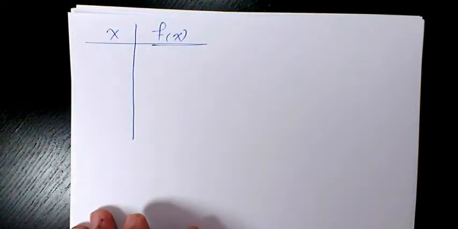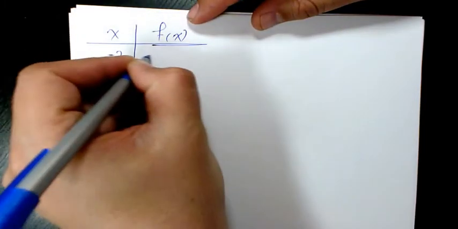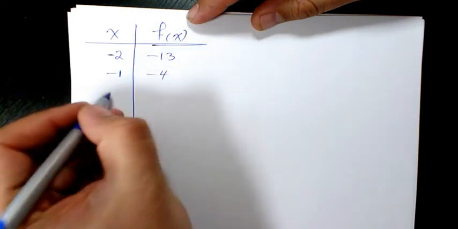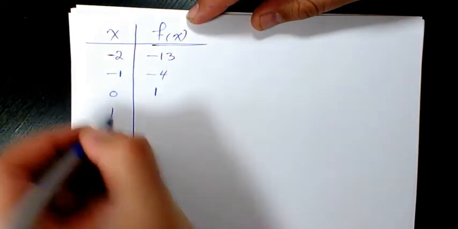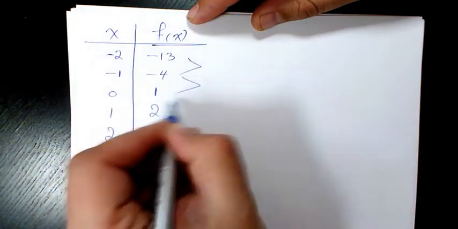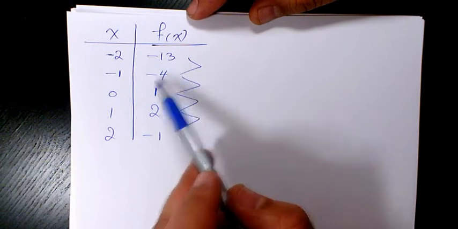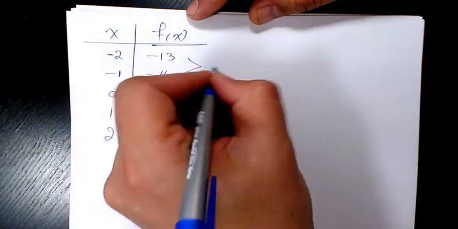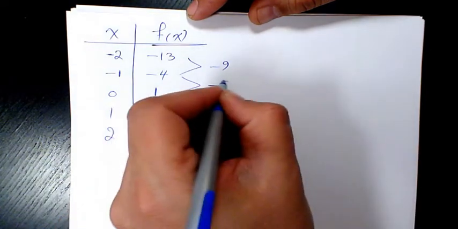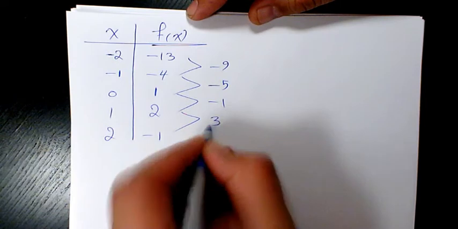So here I have negative 2, negative 13, negative 1, negative 4, 0, 1, 1, 2, 2, negative 1. Then I subtract these numbers. Negative 13 subtract negative 4 is negative 9. Negative 4 subtract 1 is negative 5. 1 minus 2 is negative 1. 2 minus negative 1 is positive 3.